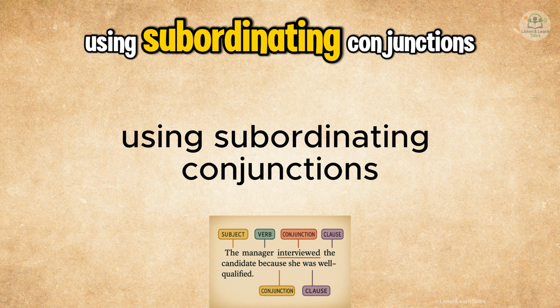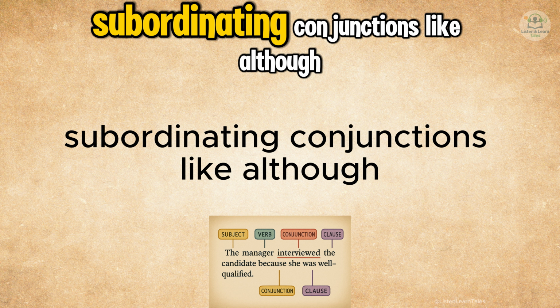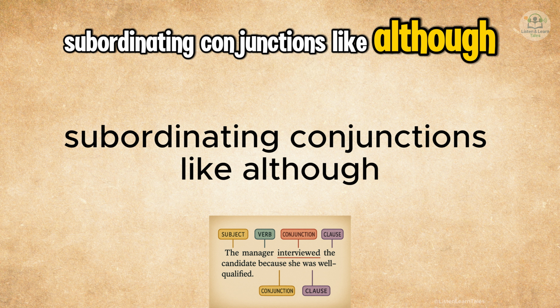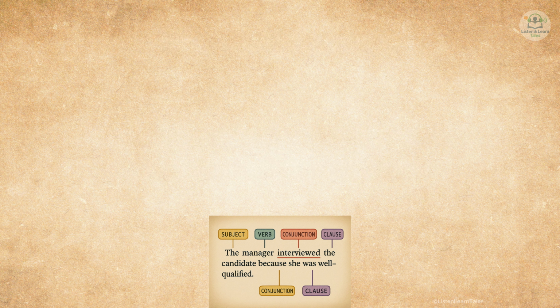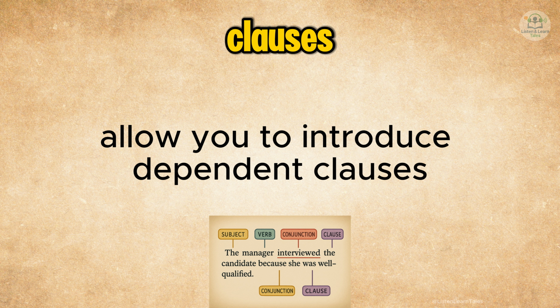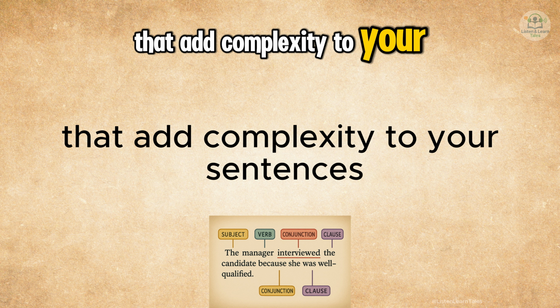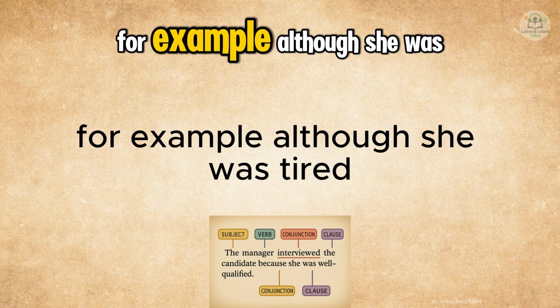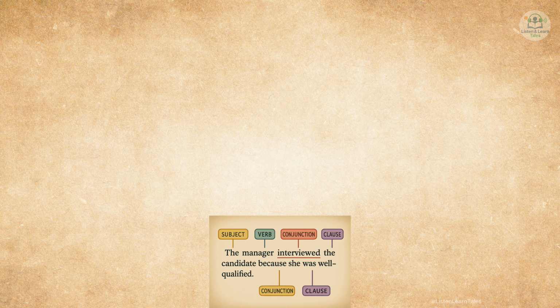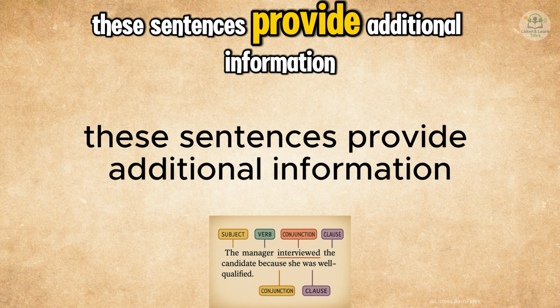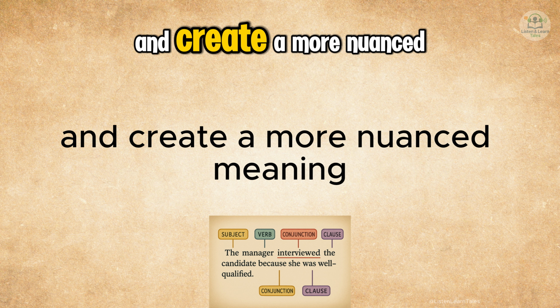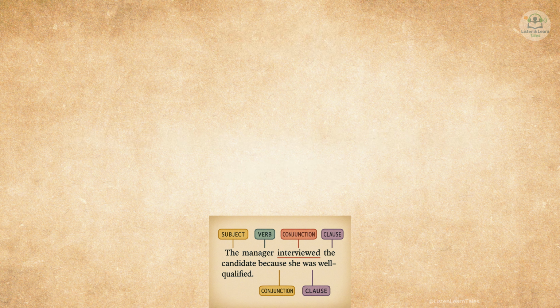Using subordinating conjunctions. Subordinating conjunctions like although, because, if, and since allow you to introduce dependent clauses that add complexity to your sentences. For example, "although she was tired, she finished her project on time." These sentences provide additional information and create a more nuanced meaning.